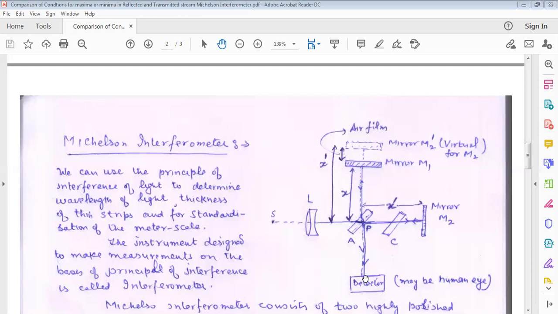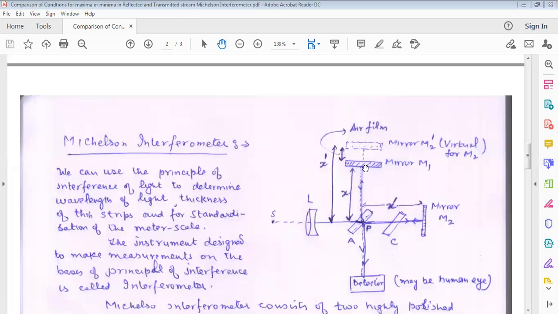Further, we can say that corresponding to change in position of the mirror M1, the interference pattern, which consists of bright and dark fringes, those fringes shift their positions with the shift in position of this mirror M1.